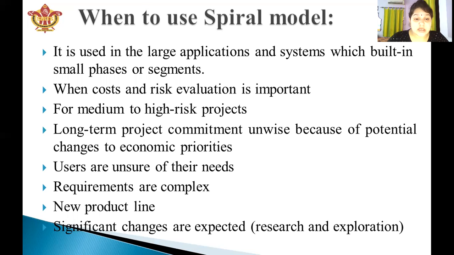It is also used when users are unsure of their needs, requirements are complex, a new product line is involved, and significant changes are expected, in the area of research and exploration. So the spiral model is used when this happens, right?